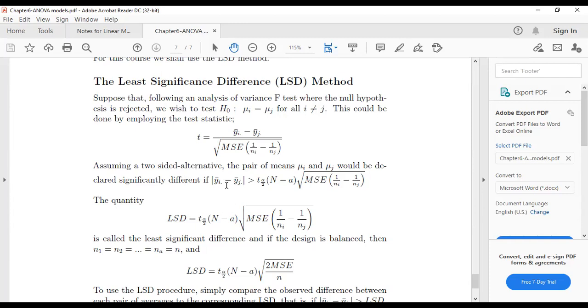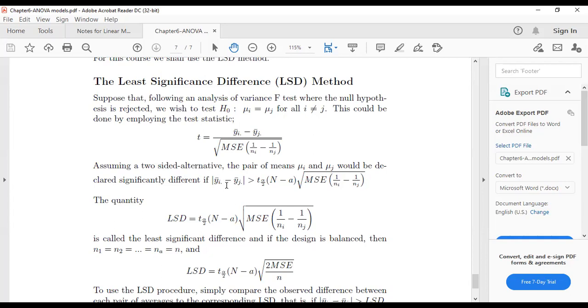The quantity on the right-hand side is the LSD, which is t alpha over 2, n minus a, multiplied by the square root of MSE times (1 over n i plus 1 over n j). So it's called the least significant difference.